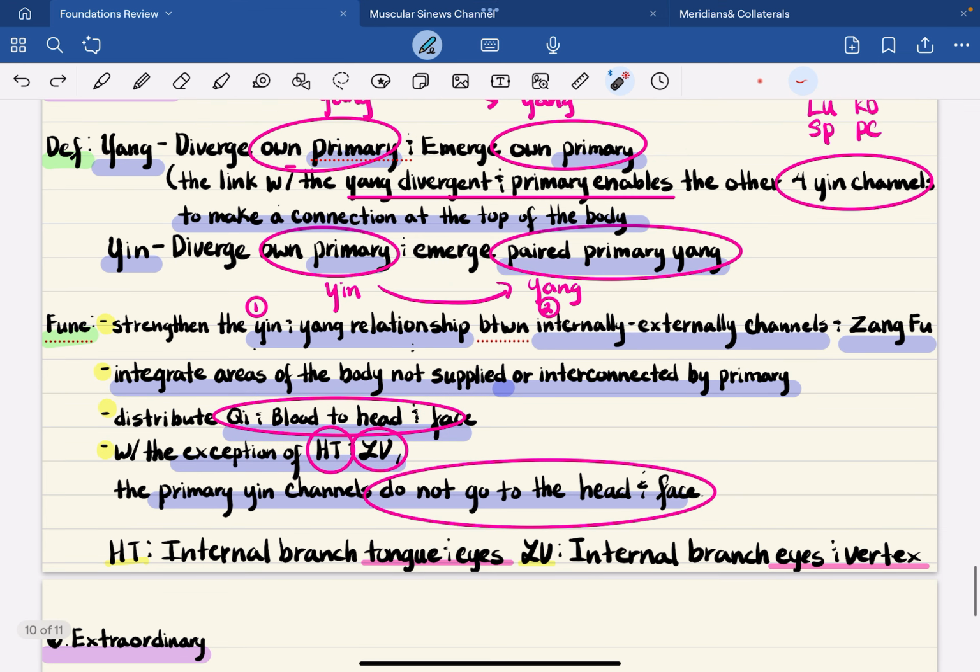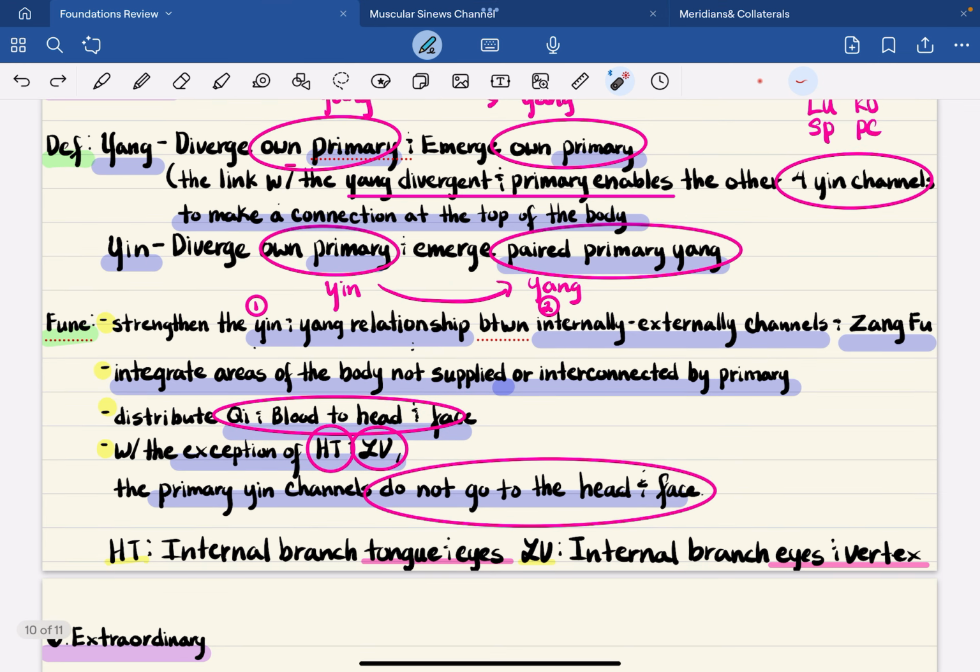So you can think of it as, in the divergent, it helps not only the superficial and the deeper layers to connect better together, which is not really done by the primary. So it fills in a job that the primary is not doing, but it also balances the yin and yang in the inside of the deeper channels of the body.